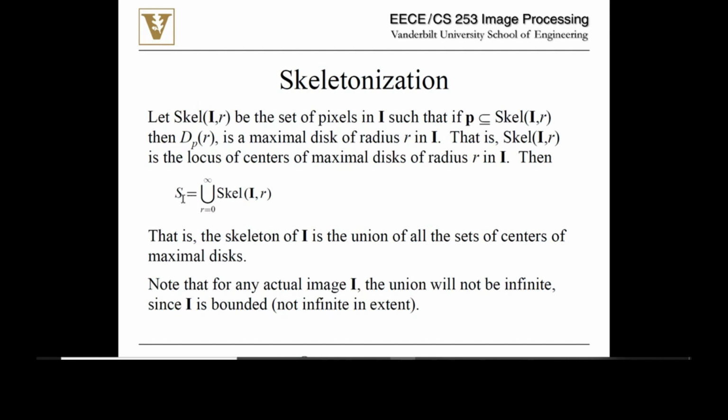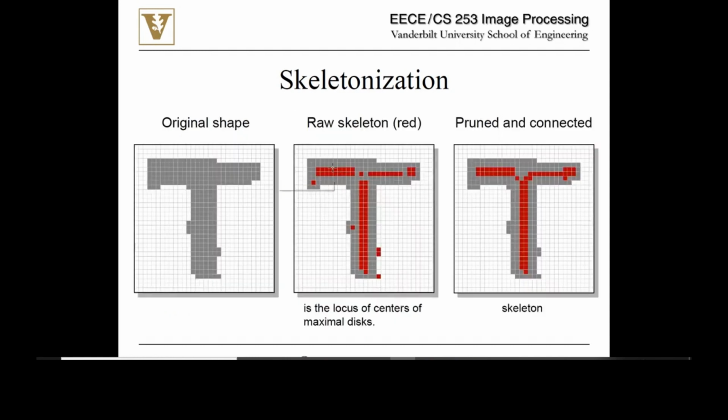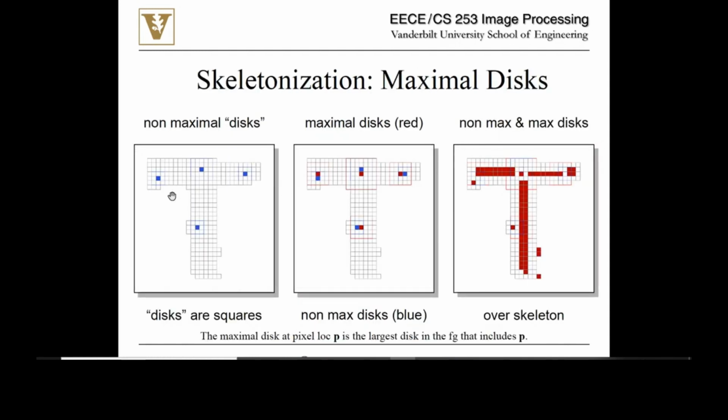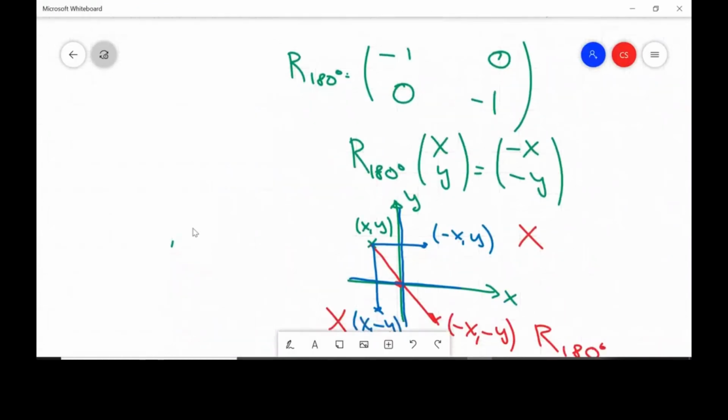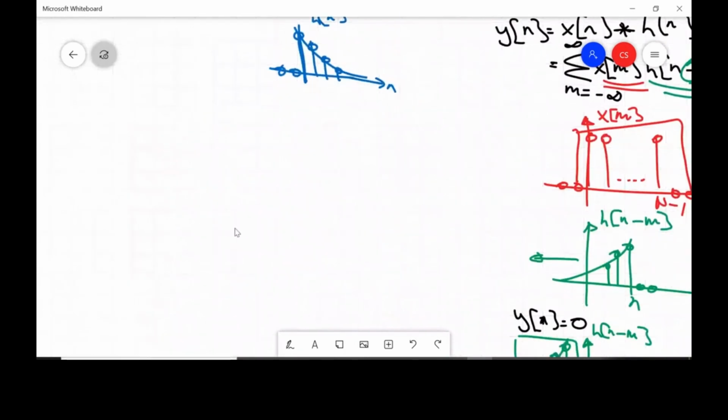And for computing this final skeleton, I will define the skeleton of a given size R. So I will have disks of radius R in I. And this radius is very interesting because, for instance, here we will see that the disks have a square shape. And I would like to expand your point of view of what a disk is.